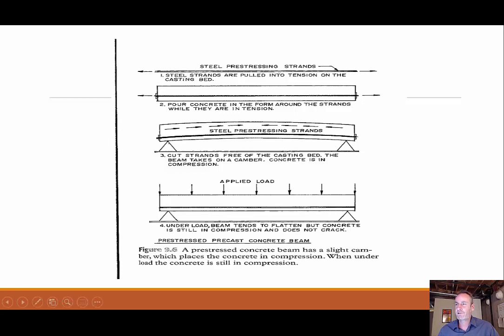And you can think about it, it actually shows this little bow, right? And that makes sense because I'm pulling on so much it's bowing up. And then when I apply my load, the whole thing would end up being neutral, or in essence, there would be no tension in my concrete.